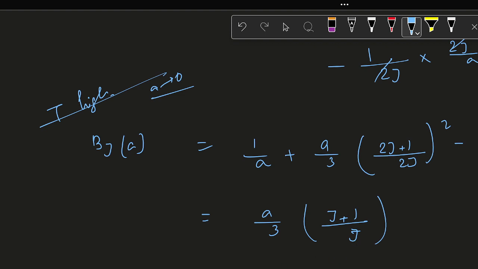And so your total average magnetization is N g mu_B times this Brillouin function value, which is now given as (J+1)/J times a/3.